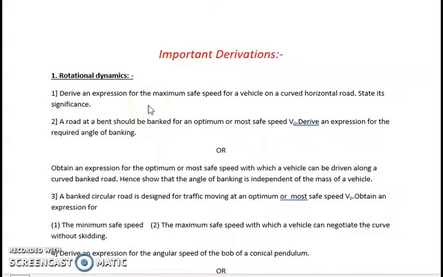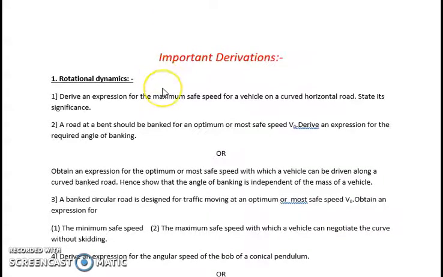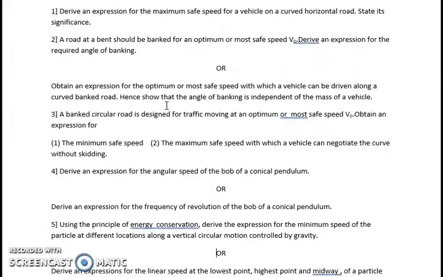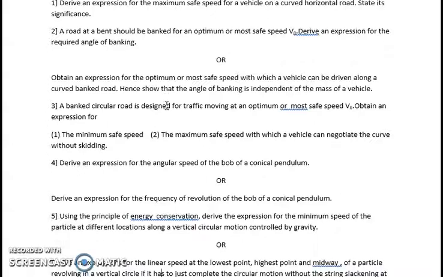There are some important derivations in the physics paper. You can see here some of the derivations which are given. You need to prepare them accordingly. Related to rotational dynamics, you have this many derivations.